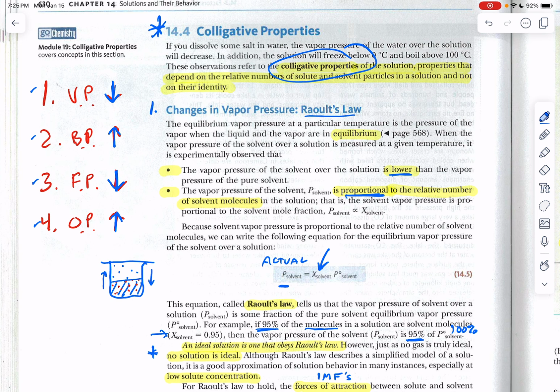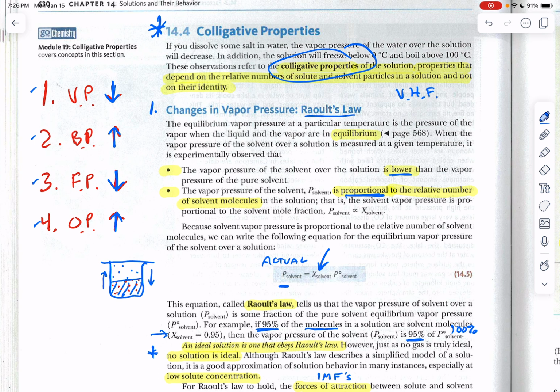At the very end of the chapter, we're going to realize that if your particles came from salts, ionic compounds, then you're going to have the Van 't Hoff factor, which is going to augment or increase the actual change, because ionic compounds split up in solvents like water.